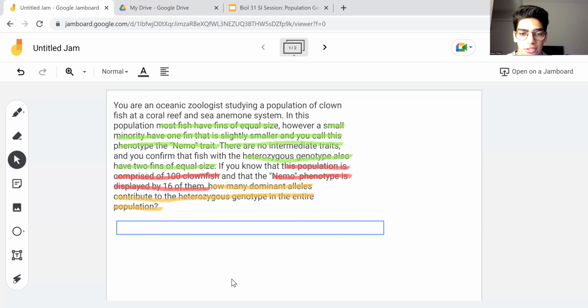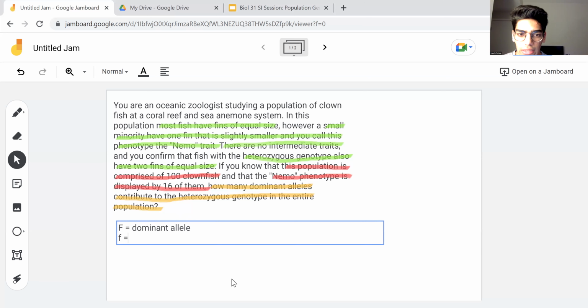Actually, let's start with alleles, and then we can go to genotypes. Since this is a trait about fins, let's make big F equal the dominant allele, and little f equal the recessive allele.